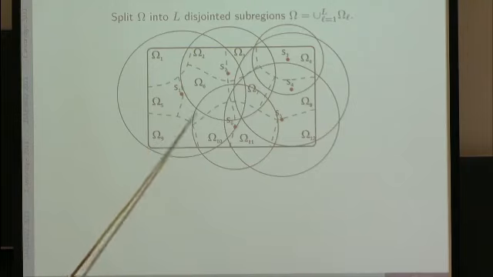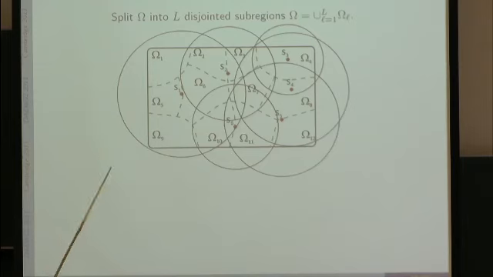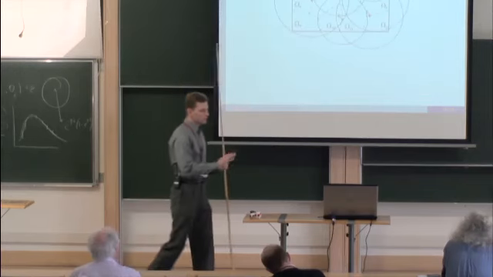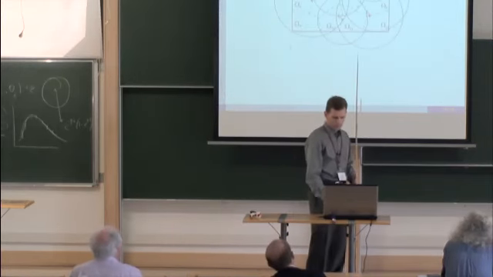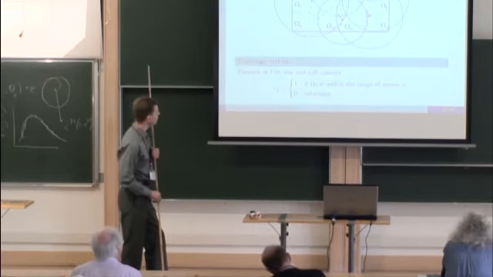Each sensor has a specific range, and every sensor has to stay within the range of at least one other sensor in order to communicate properly with the others. So there are a lot of interpretations of this coverage problem.